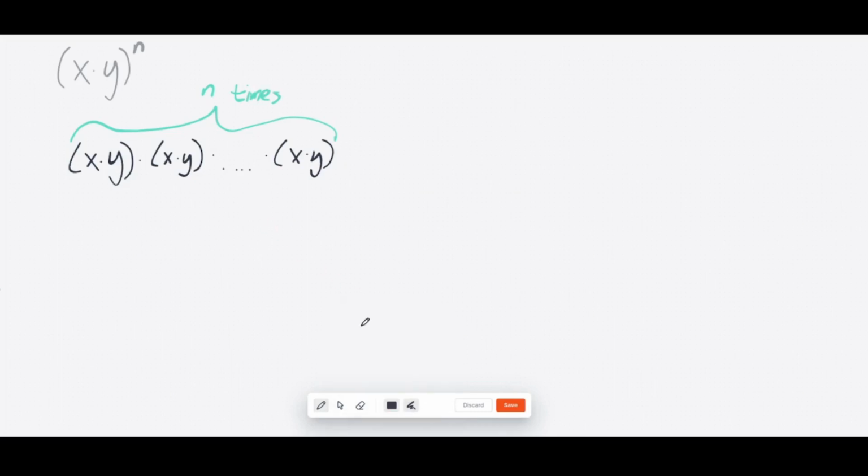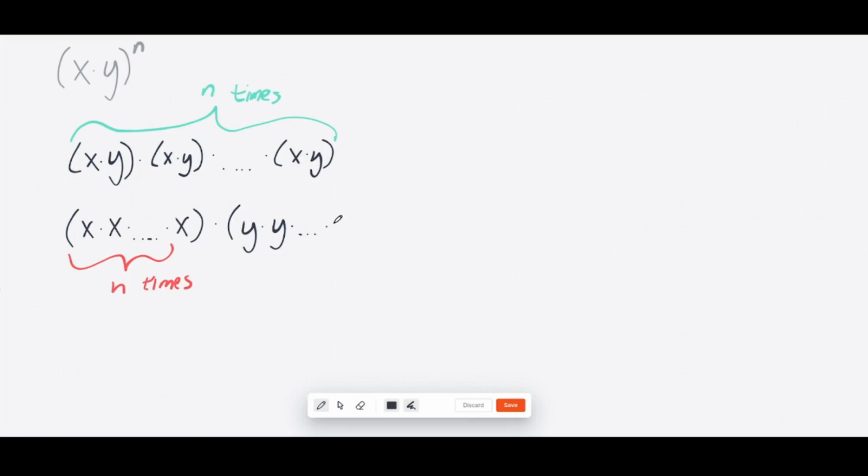And then what we can do is rearrange it to have all the x's together. So x times x times however many times. So we might have n times here, and then we could do the same thing with the y. In other words, just the commutative and associative properties of multiplication. You can move around numbers to wherever you want, and you can group them together however you want.